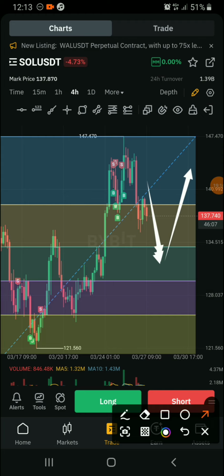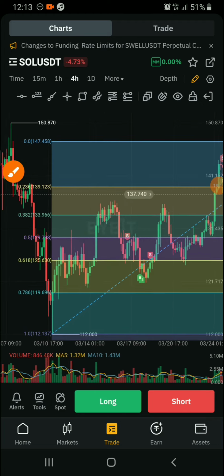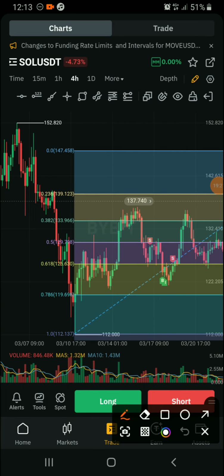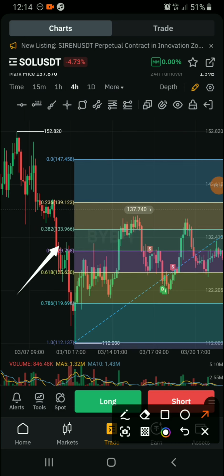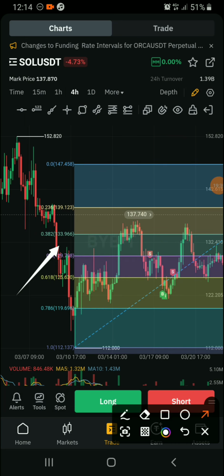Moving to the next, this is the 0.5, and the 0.5 is often referred to as the trader's favorite or the market balance. Some people call it the golden ratio. This level is widely watched because it represents a perfect halfway pullback before continuation.